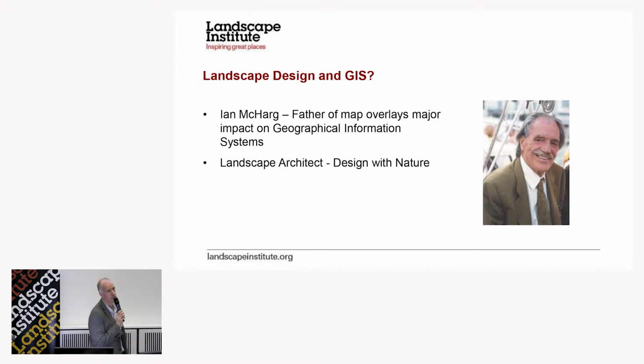And if you had to go back to where GIS came from, or the modern thinking on GIS, there's a chap called Ian McHarg, who back in the 50s and 60s wrote a lot about the overlaying of data, which I know Martyn's going to talk about, and he was a landscape architect. So if you think that GIS is purely out of the domain of landscape architecture, modern thinking for it came from a landscape architect.